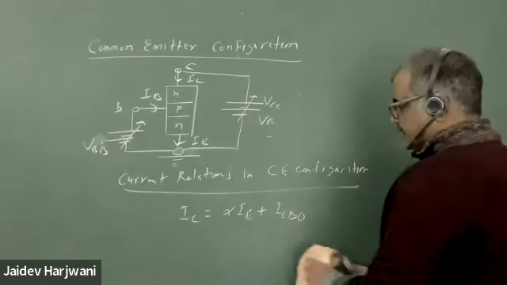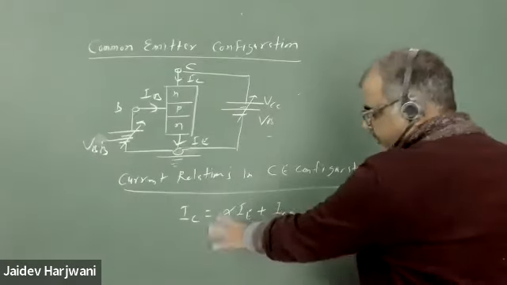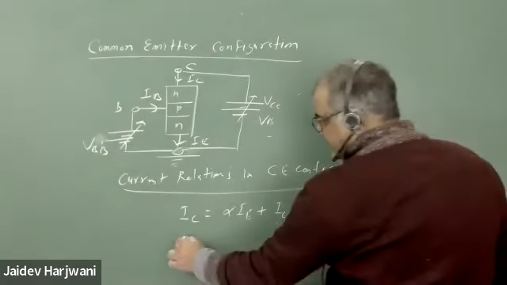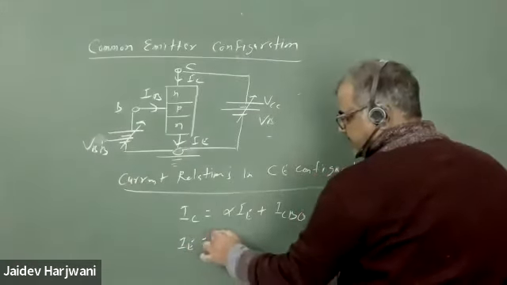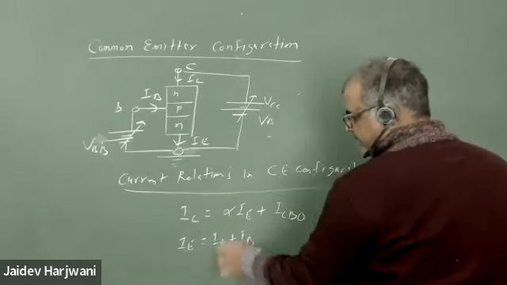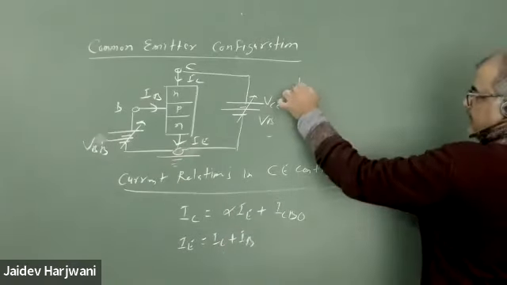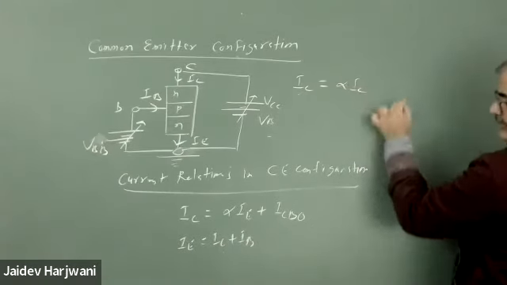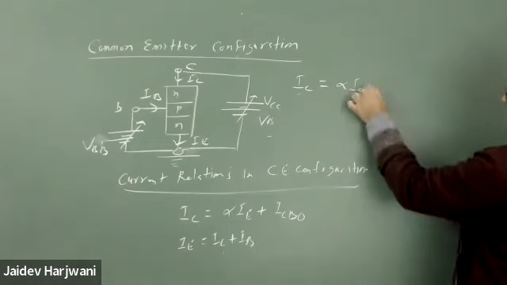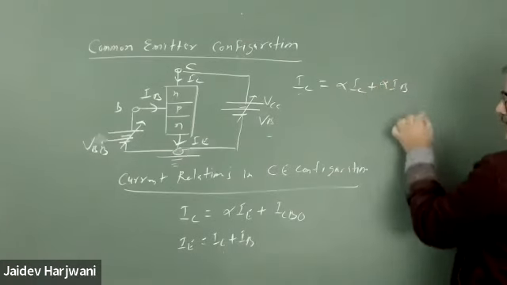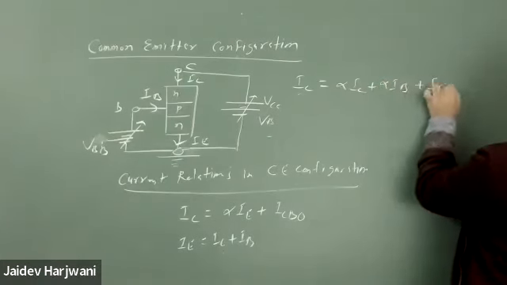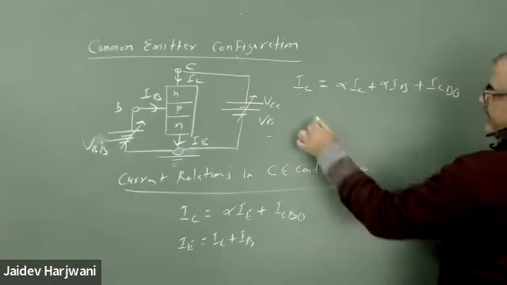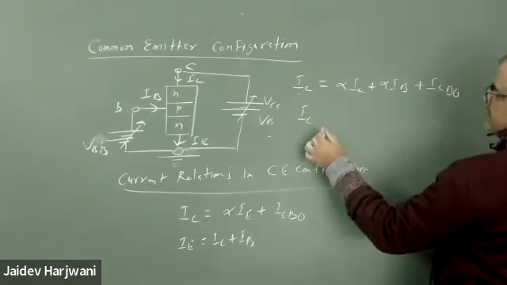Okay. So now this equation is the same equation that we derived here. And I equals IC plus IB, put the value here. IC, okay, alpha. So this becomes alpha IC plus alpha IB plus ICBO. Now if I want to write IC, IC will be what?